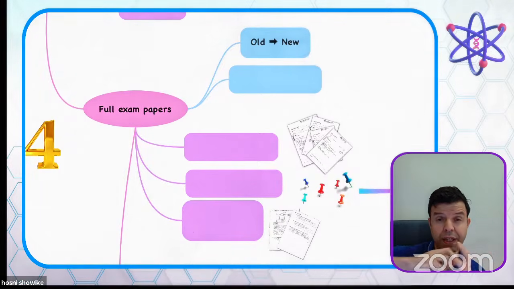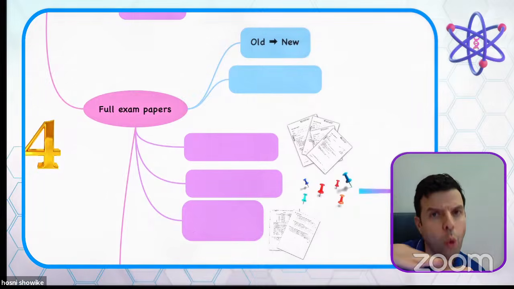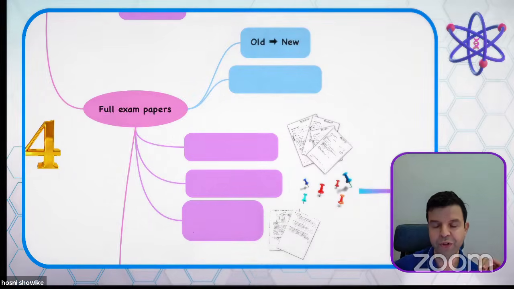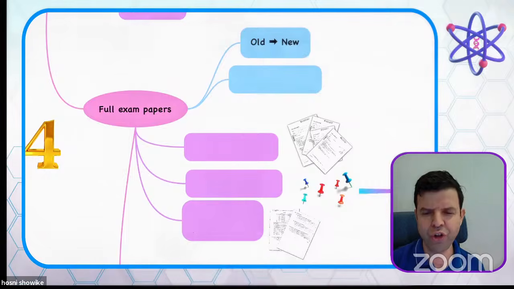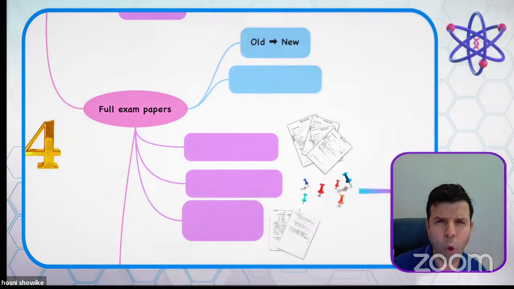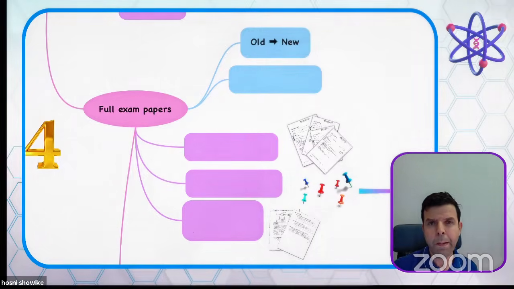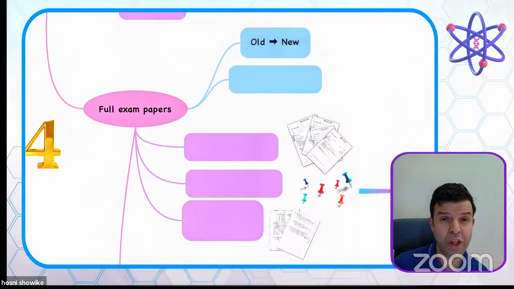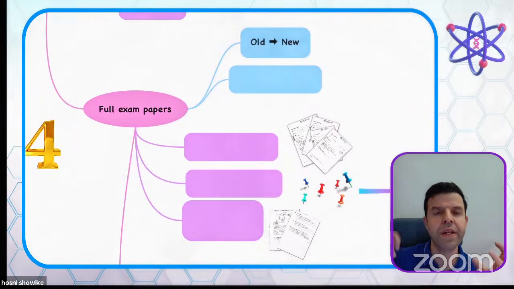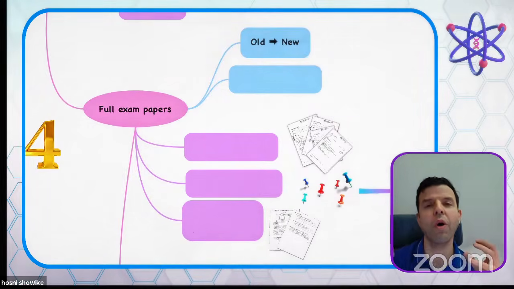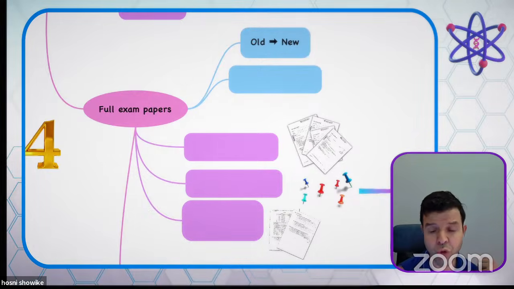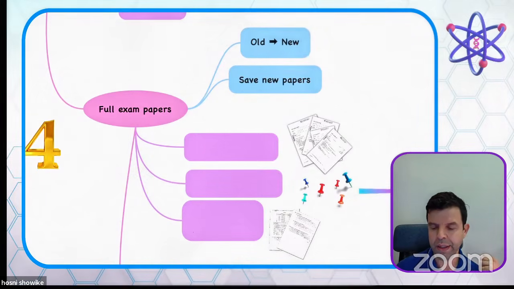With this technique, you should start with the old exam papers first, and then you reach the new ones. Why? Usually the older ones are easier. Plus, when you reach the new ones, you'll be more ready because the new exam papers are quite similar to the ones you'll be solving.